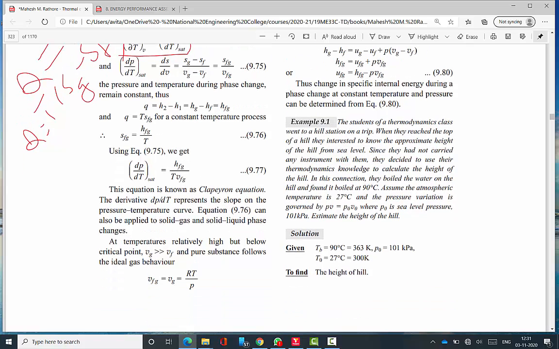At temperatures relatively high but below the critical point, Vg is very much greater than Vf.